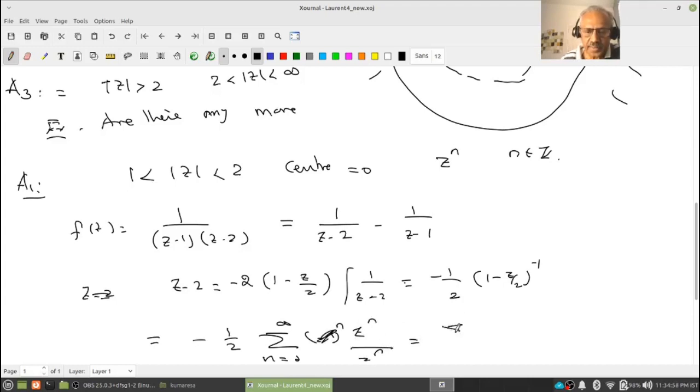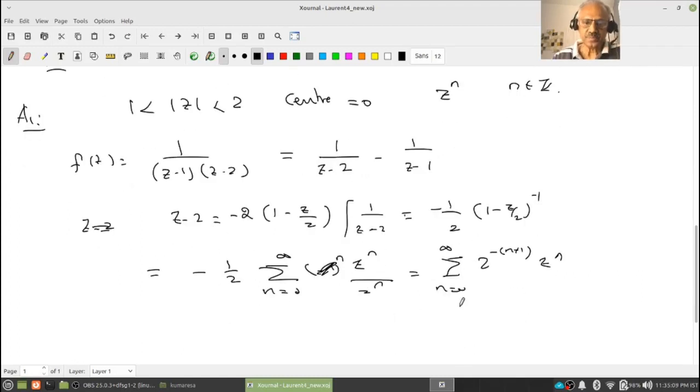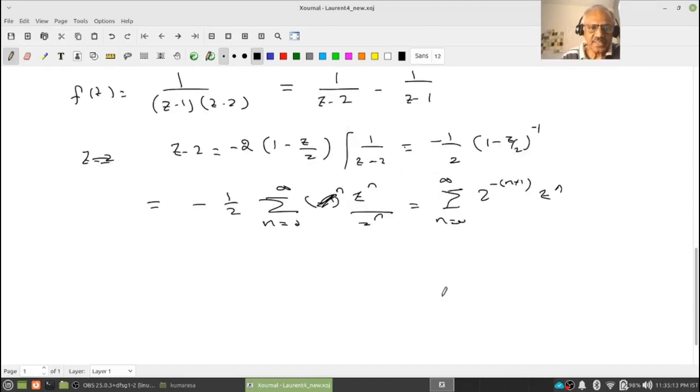Therefore, it's going to be 2 to the power minus n plus 1 into z power n, n equal to 0 to infinity. Before going to Laurent series, I should have done something, but let us do it anyway. So this is one. Now let's look at minus 1 by z minus 1.